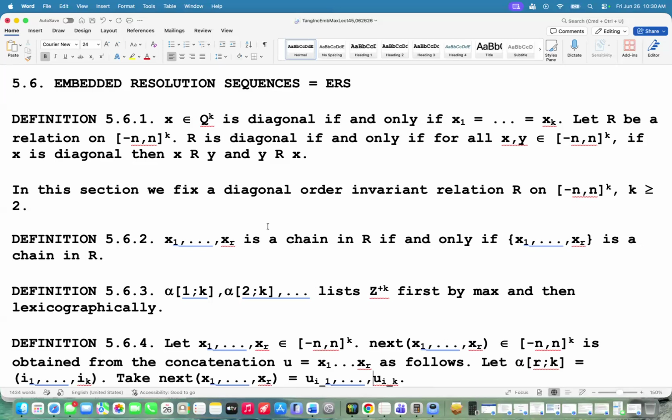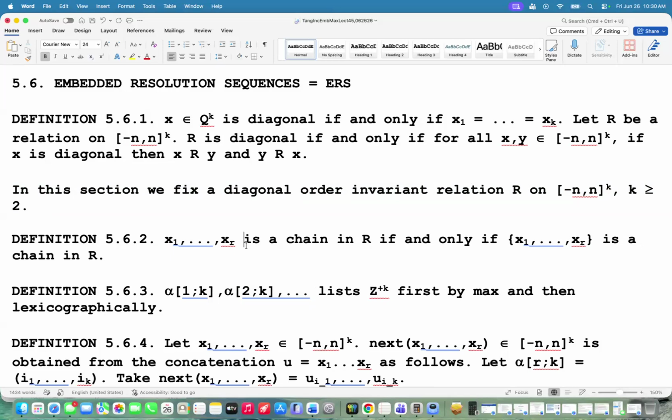To do this, we want to look at ERS only for relations that are diagonal and where the dimension is at least 2. You'll see that here. And of course, the notion of chain makes sense for a sequence rather than just a set. Any two distinct terms are related is the definition.